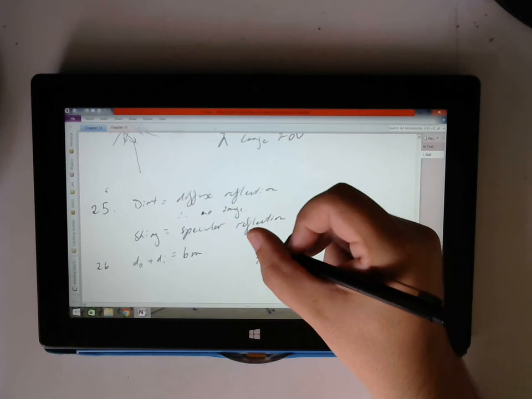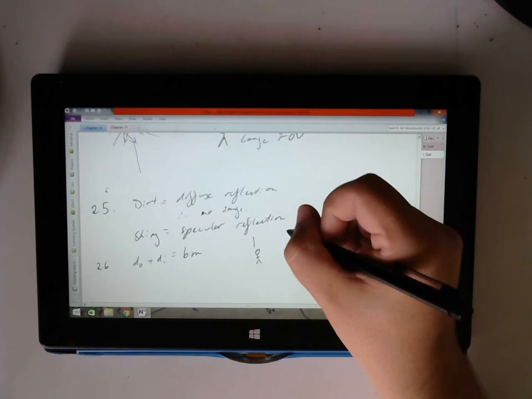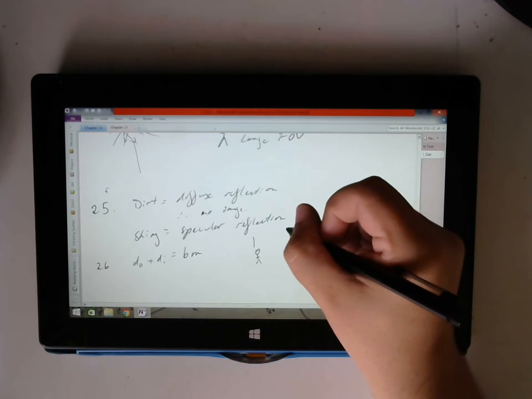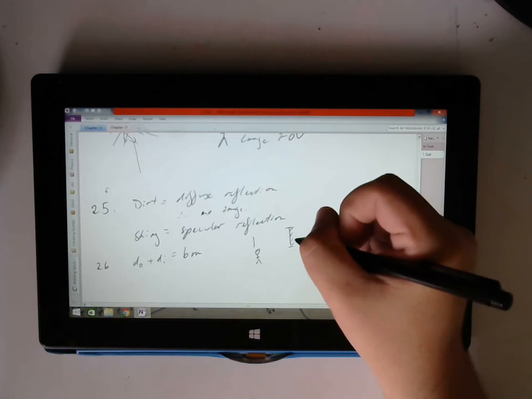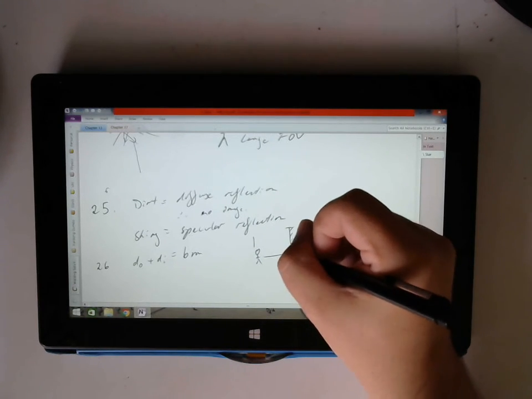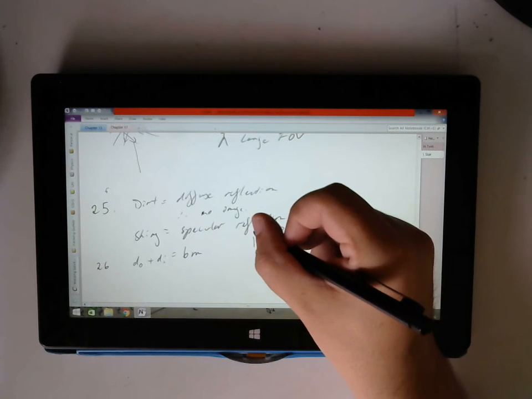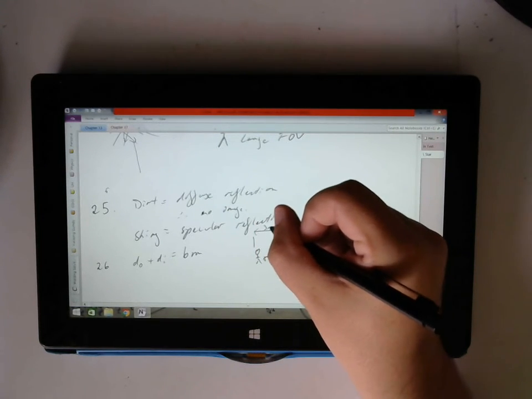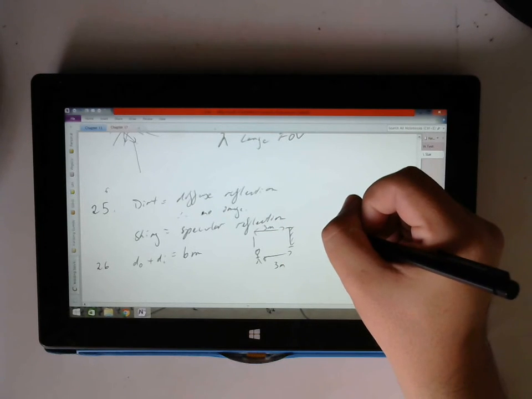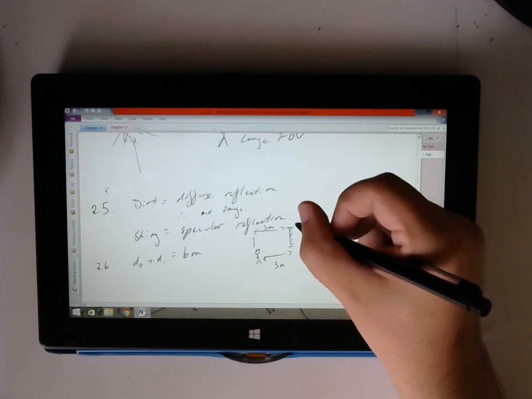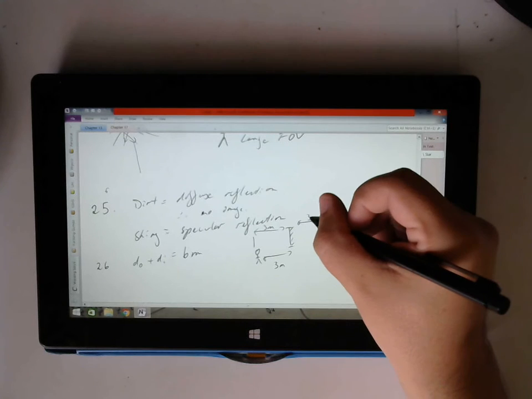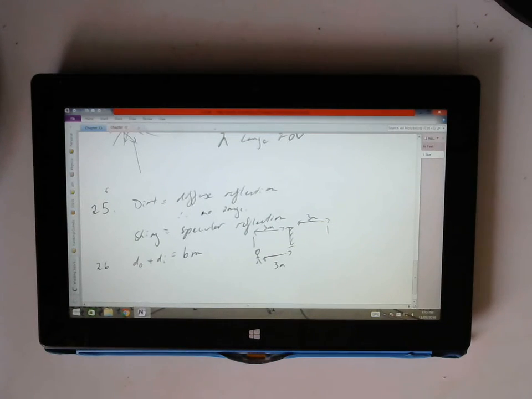We might need to be able to move that chart as well. So we would need a mirror. It wouldn't need to go all the way to the bottom, obviously, but we would need a mirror of some sort. This distance here would have to be 3 meters, and then that would be 3 meters as well. And so we would see our chart 6 meters away from us.